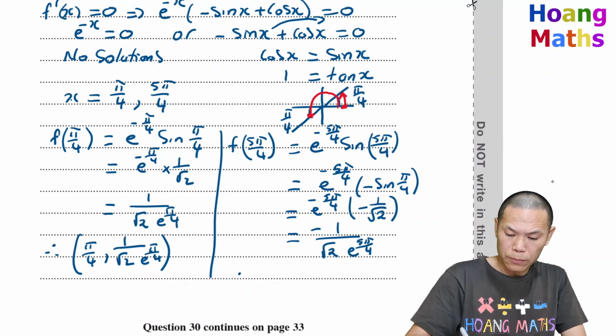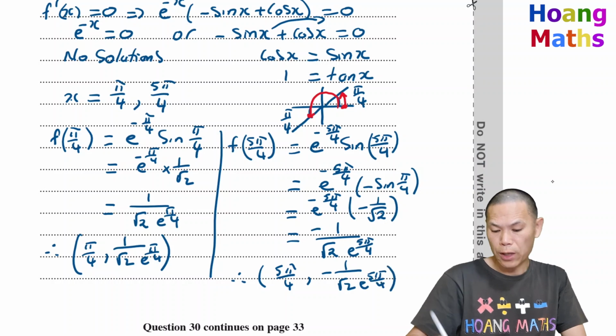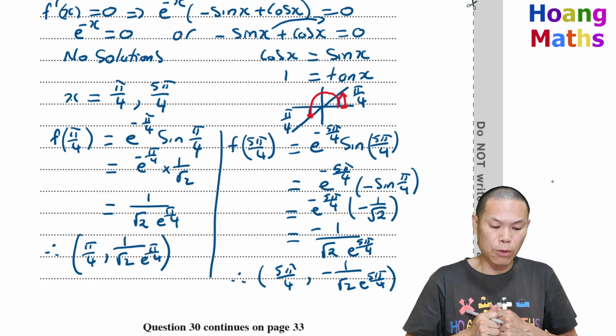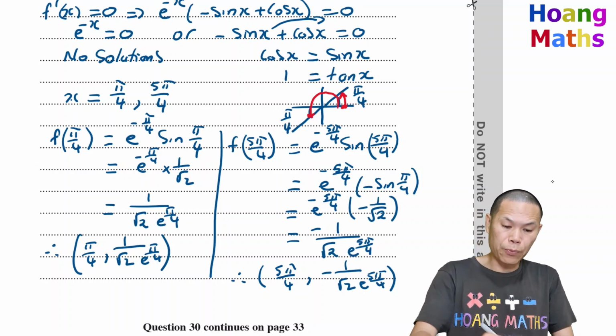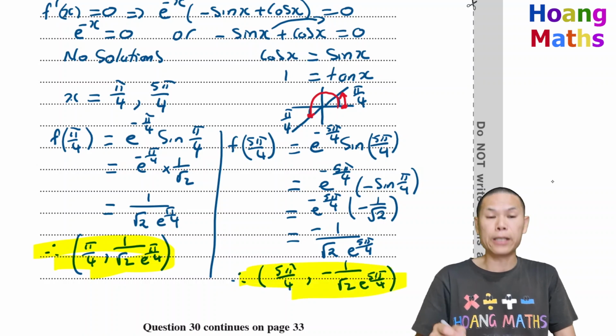So therefore, the other point is 5 pi over 4 and negative 1 over square root of 2 e to the 5 pi over 4. So keep that in mind. Of course, you can just put it in a calculator to get decimals, and the coordinates of the stationary points are these two here. Okay, so keep that in mind.